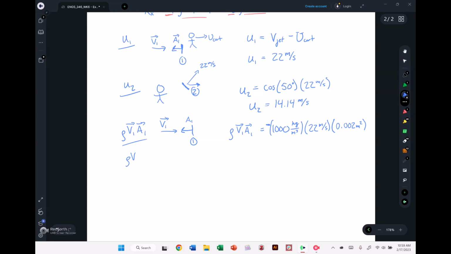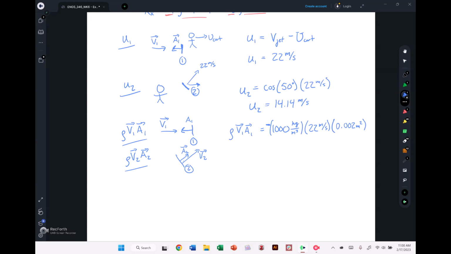If we look at the second part, V2 A2, we're now tipped here at surface 2. So our A2 vector is tipped at a 55-degree angle, but so is our velocity. So V2 and A2 are still in the same direction.